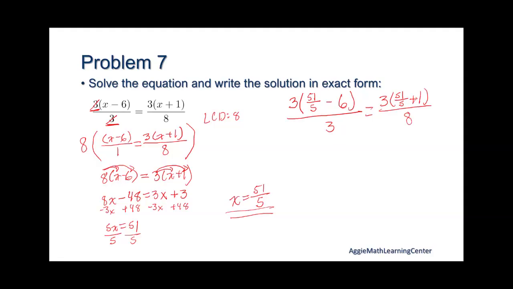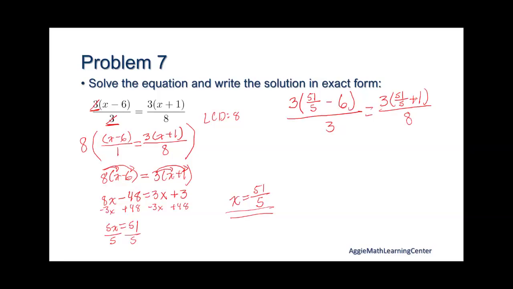So how are we going to simplify? Where do we start? Can we cancel out the 3's again?